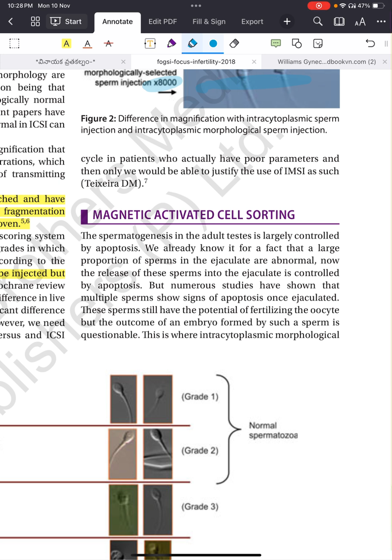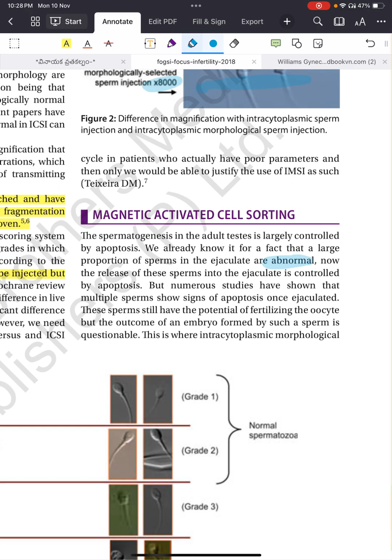It is because of apoptosis. Abnormal sperms should be killed by means of apoptosis, but if the mechanism is defective, then more abnormal sperms will be produced.